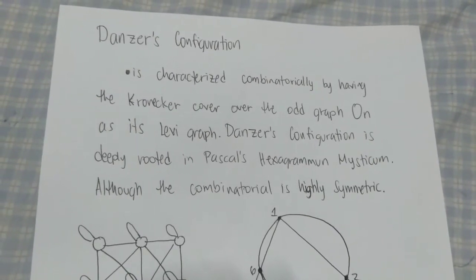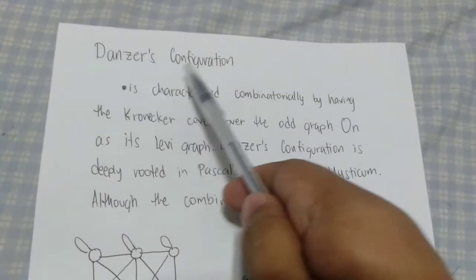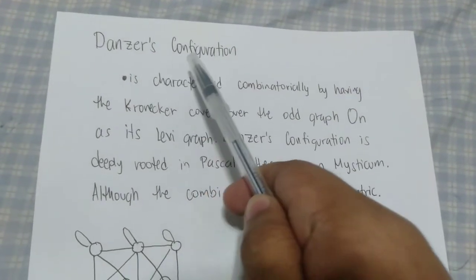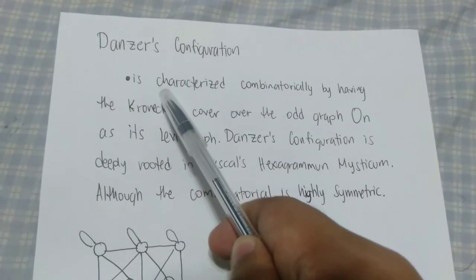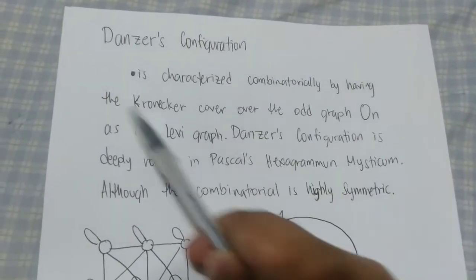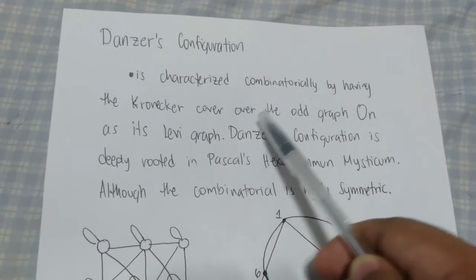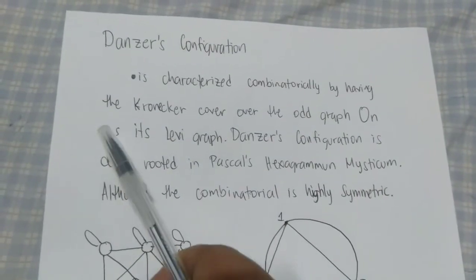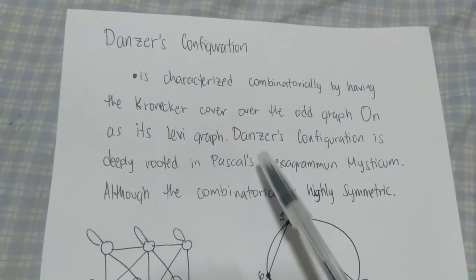The last and final configuration is the Danzer configuration. The Danzer configuration is characterized combinatorially by having the Kronecker cover over the odd graph O4 as its Levi graph.